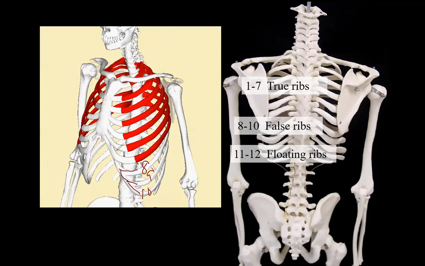So all 3 of them attach indirectly. The hyaline cartilage at the end of the false ribs attaches to the cartilage for true rib number 7. So they're attaching indirectly to the sternum. They don't attach directly. They attach to the cartilage, which attaches to the sternum for number 7. So 8, 9, and 10 are the false ribs.